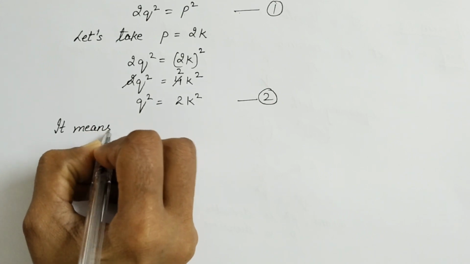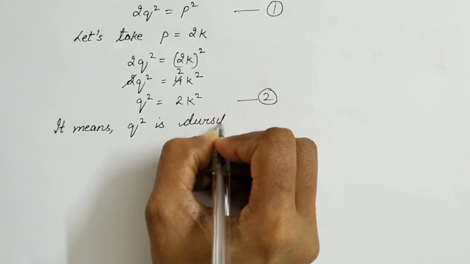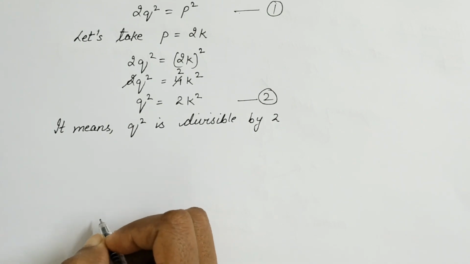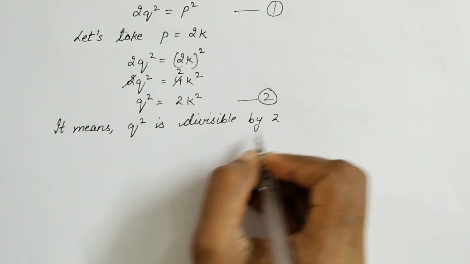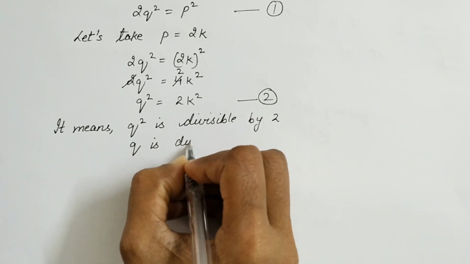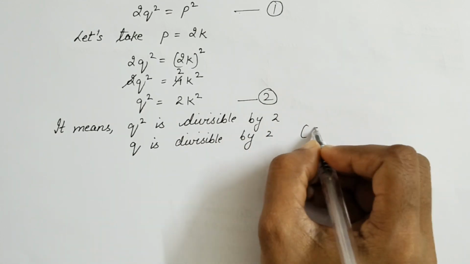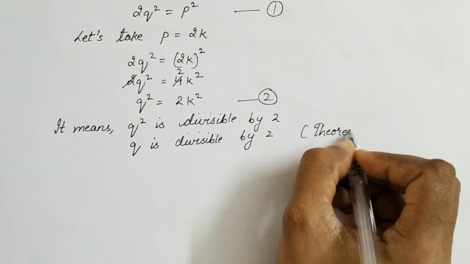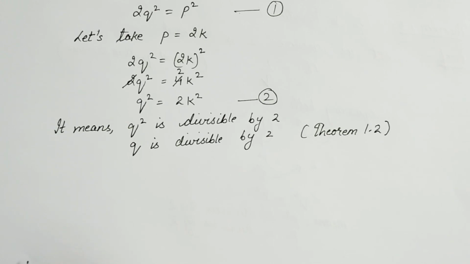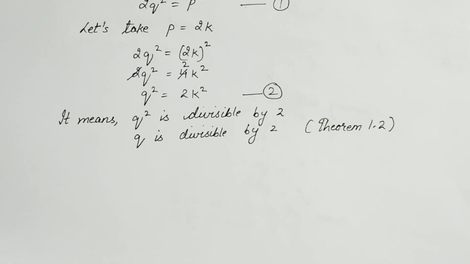it means q square is divisible by 2. Again by theorem 1.2, if q square is divisible by 2, q is also divisible by 2. We have understood with the help of an example in theorem 1.2. Now you can see that here I am saying that q is divisible by 2.